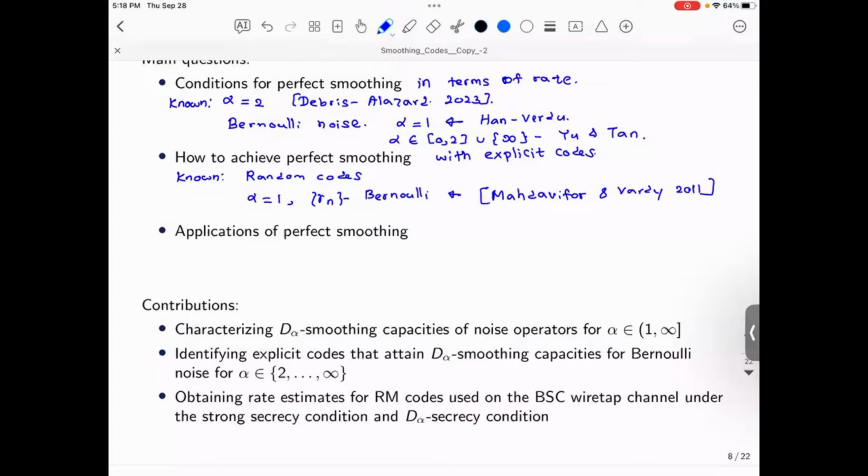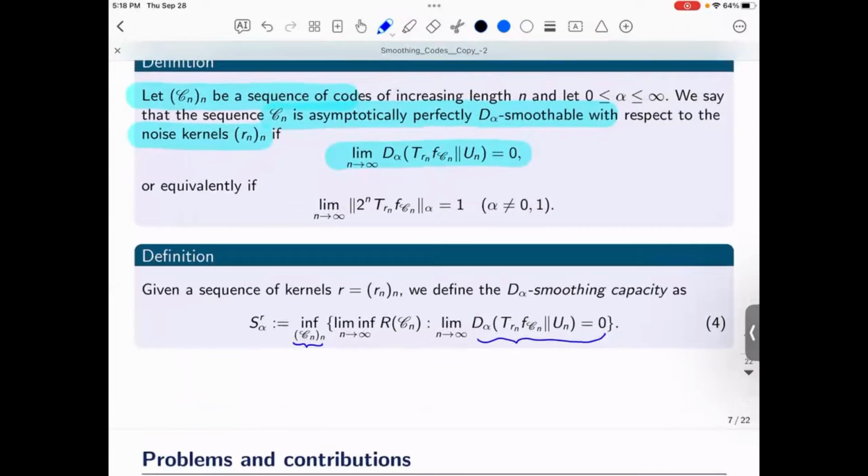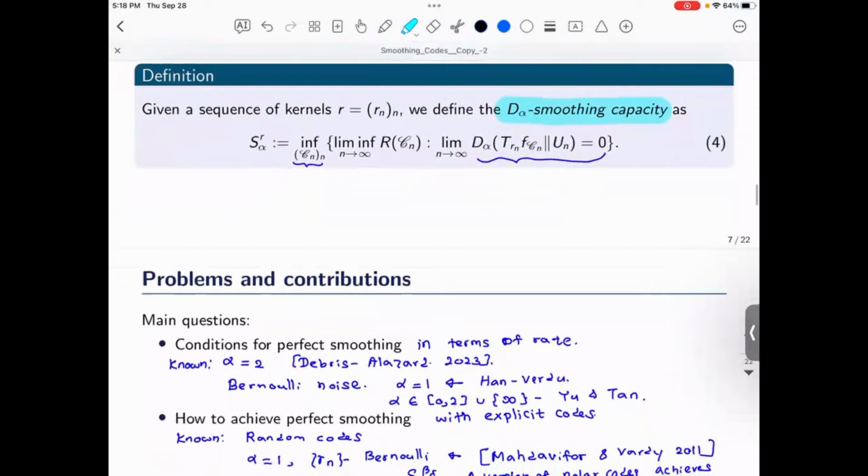They proved that a certain version of polar codes achieves the D1 smoothing capacity. So the D1 smoothing capacity is this: given a sequence of noise kernels, the minimum required rate to achieve the uniform distribution.